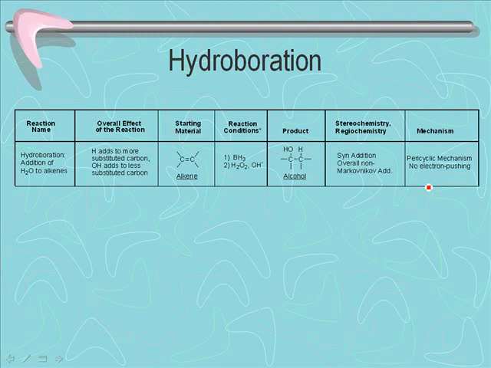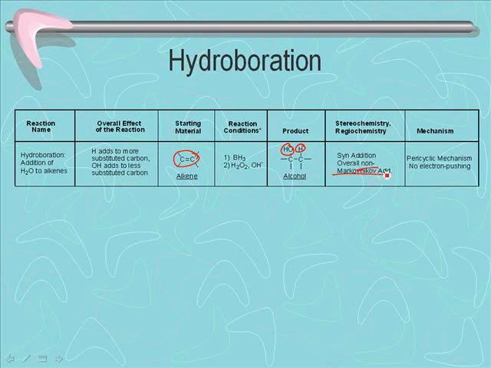So the reaction is identical in the case of hydroboration. An alkene is converted into an alcohol. One end of the carbon-carbon double bond receives a hydrogen. The other end gets the OH group. The difference with this particular reaction is that it's non-Markovnikov.